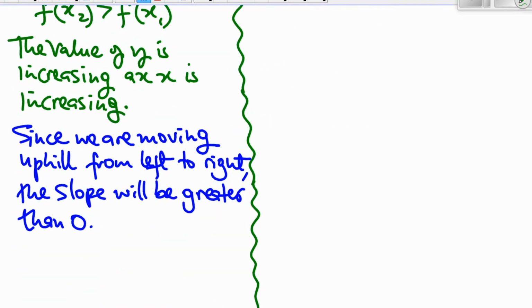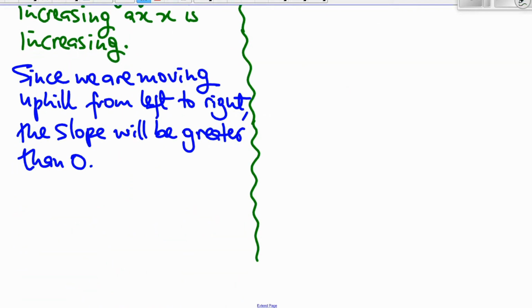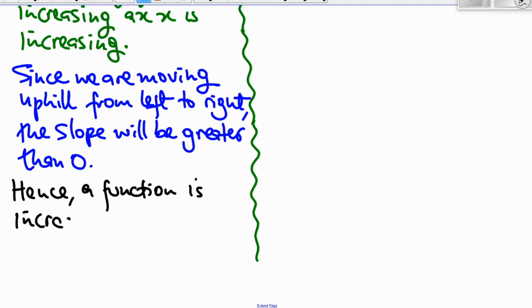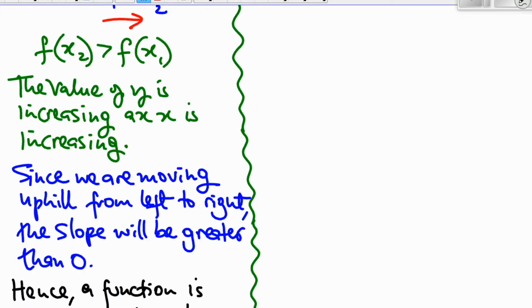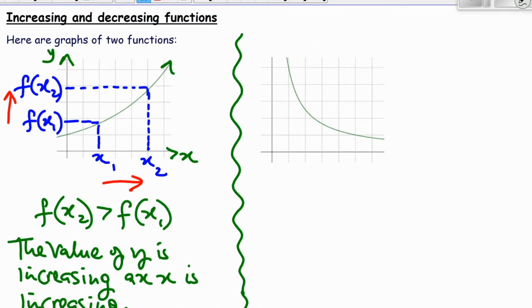We can write that using mathematical notation: hence a function is increasing when the gradient or the slope is greater than 0. That's very, very important, and we shall be using that fact later on to analyze other functions. So that's the first case.